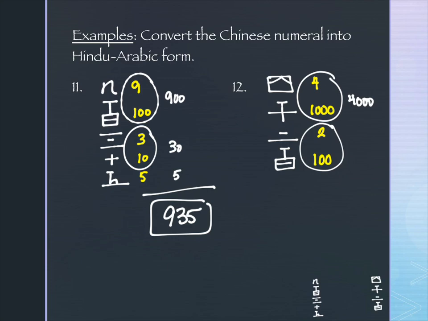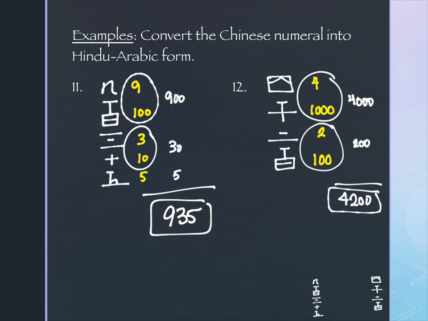And 2 and 100 would give me 200. And my total ends up being 4,200. Notice what we didn't have. Zeros. There's no zeros. The zeros are trailing, right? The 0, 0 at the end in the hundreds place is 0, 0 there. So we don't see them use zeros there.